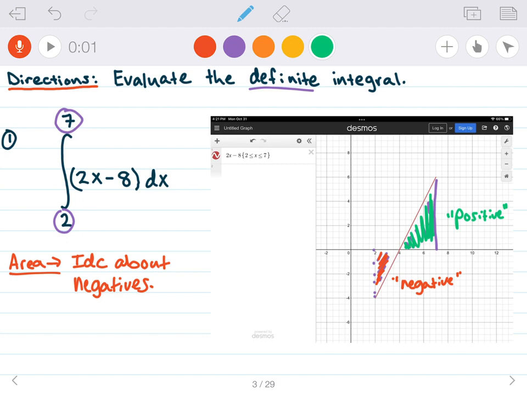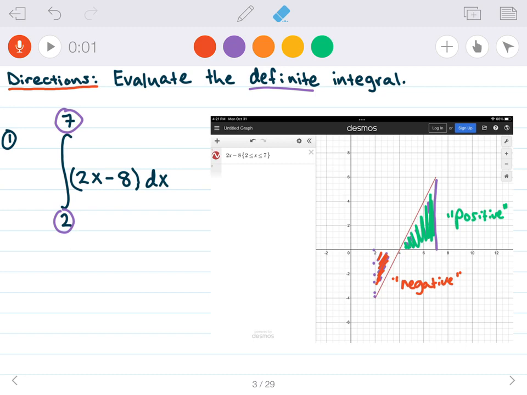All right. So let's go ahead and do this. The first thing we want to do is figure out what that quote-unquote negative area is. I really shouldn't be saying that, but we want to find out what sign to give the area, or what number to give the negative value of this integral.